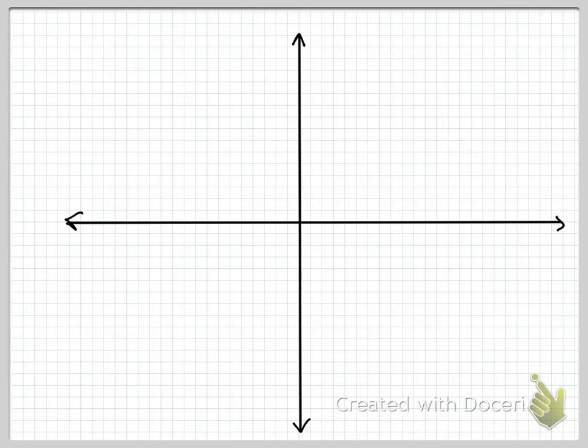Here we have another coordinate plane, and these boxes are way smaller. We're going to start by labeling our axes. This is our x-axis here, and our y-axis going up and down.